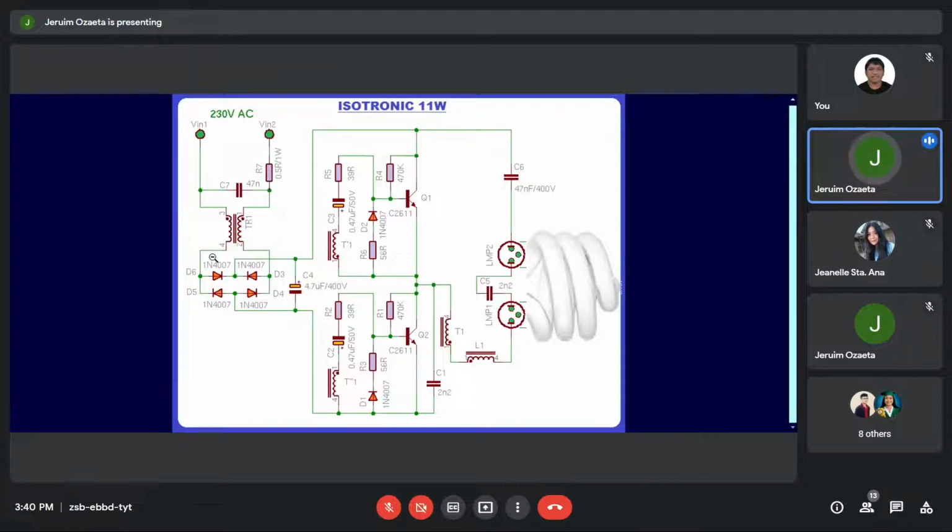The transformer now produces the direct current. Take note of this transistor here. It's very interesting because the two legs of the high end of the winding of the primary and secondary are connected to the line voltage. Ayan, no? What is this?